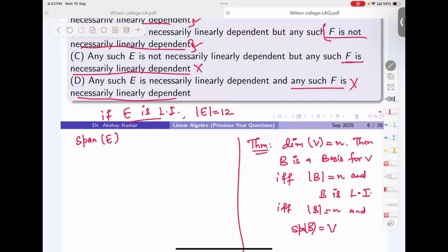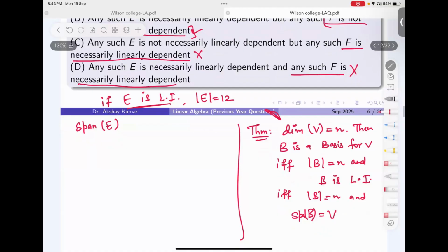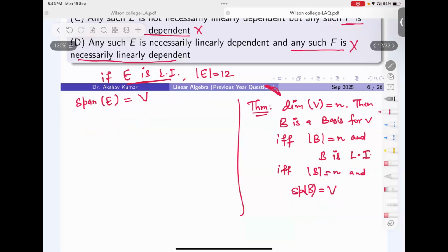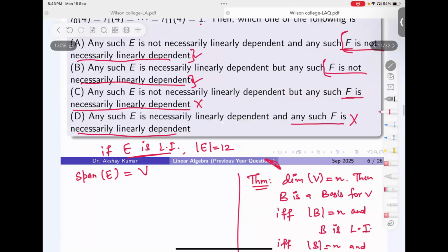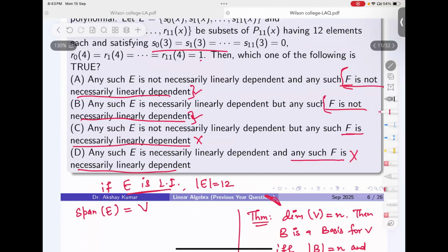By this result, E has to be a basis. If it is a basis, then the span of E will be V, right? Yes, sir.